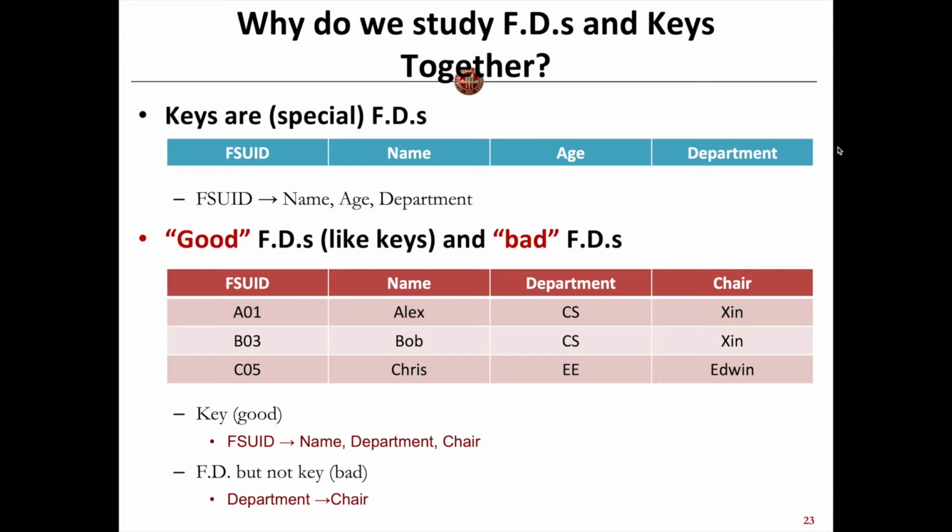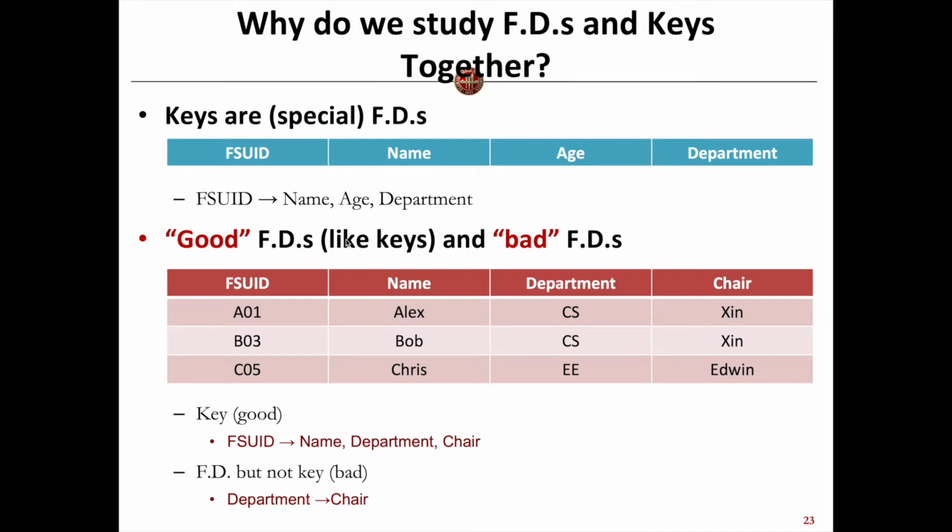The main reason is because key is also a special type of FD, right? According to our previous knowledge, we know that based on the keys, we can derive or imply all the attributes inside the relation. In other words, given the key of the relation, we can derive a FD, right?